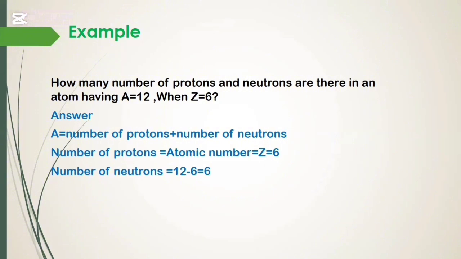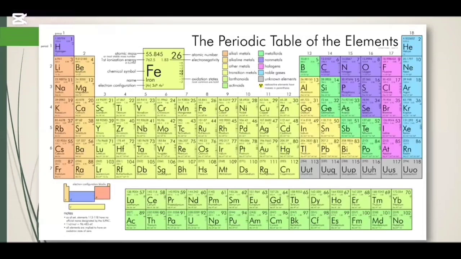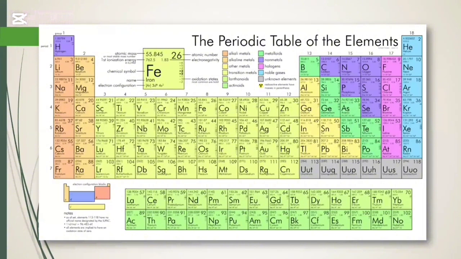So what exactly is this element? Using the periodic table, we can find it. Here in the periodic table, I think you can now find where this atomic number is represented.